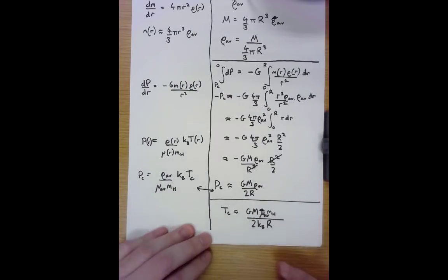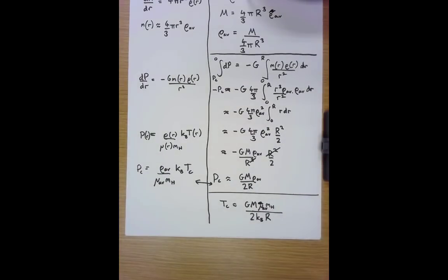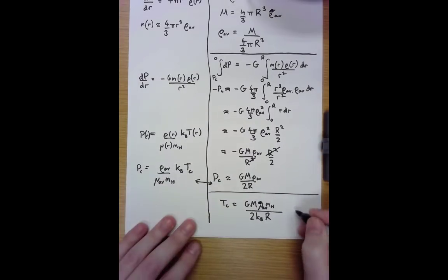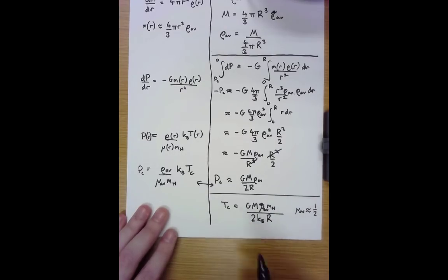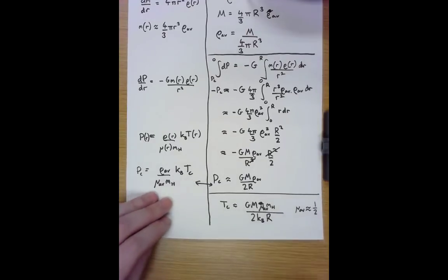And when estimating this, we can assume to a good approximation that the sun comprises a gas, or a plasma, of hydrogen, ionized hydrogen, therefore mu average is about 1/2. So this allows us to derive estimates for the central temperature of the star as well as the central pressure.